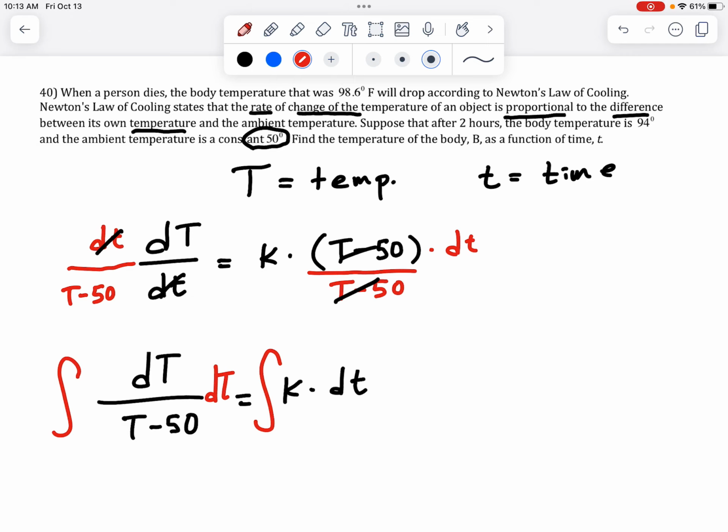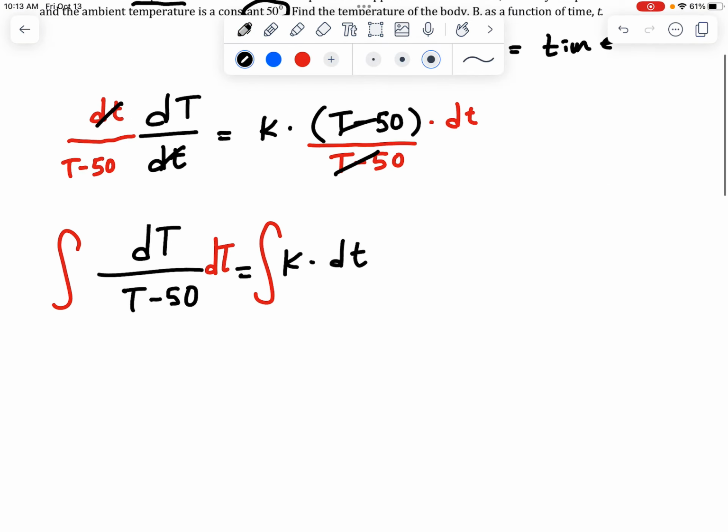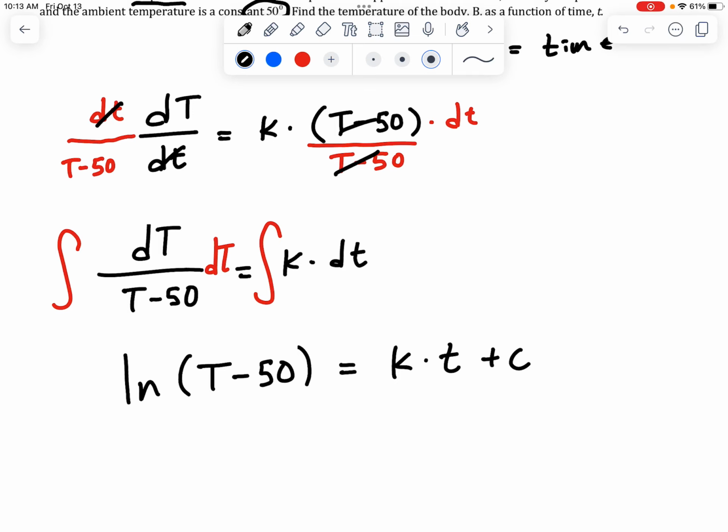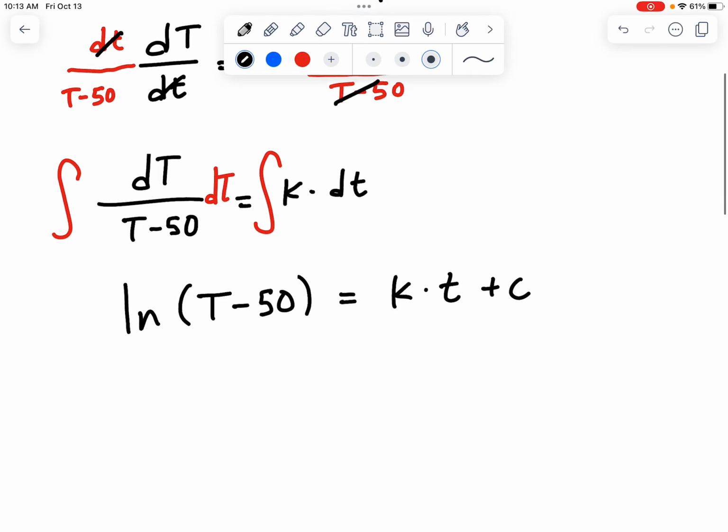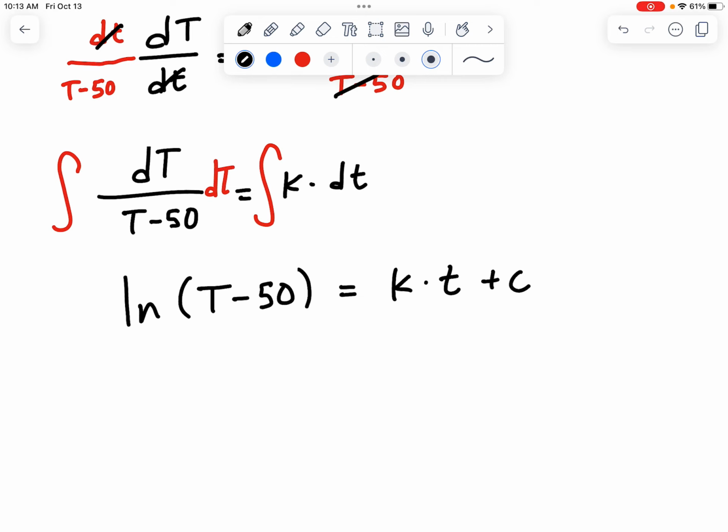Okay, so the integral on the left side is just going to be the natural log. So we'll have the natural log of T minus 50. And on the right side, there would be k times t plus a constant. And I suppose that I could go ahead and get rid of the natural log, so exponentiate both sides.